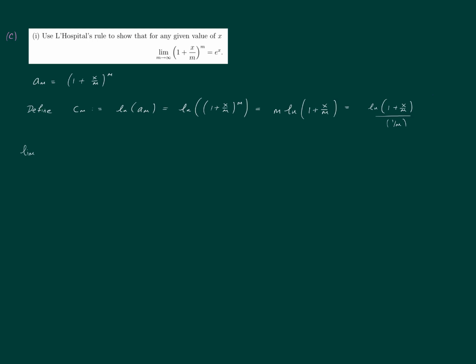So let's take the limit as m goes to infinity of c_m. This is equal to the limit as m goes to infinity of ln(1 + x/m) over 1/m. Both top and bottom go to 0, and that's why I've written it in this form, so I can use L'Hopital.